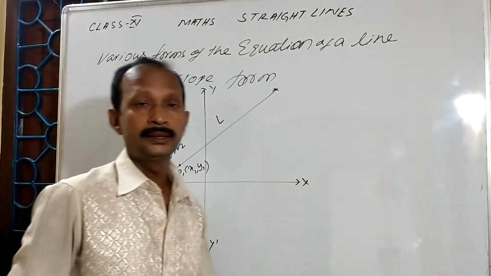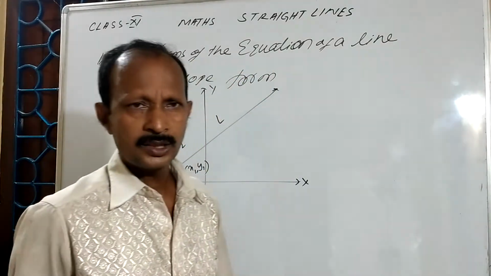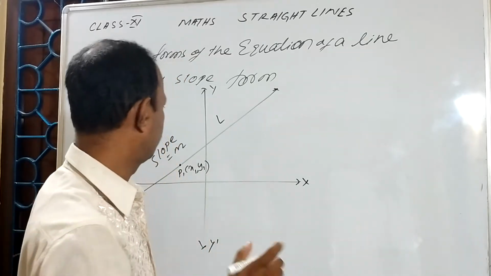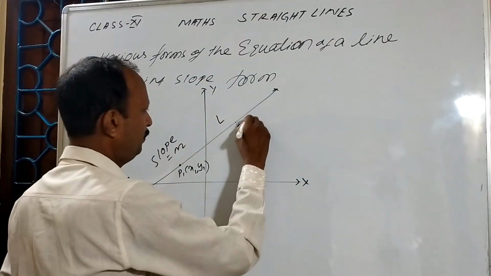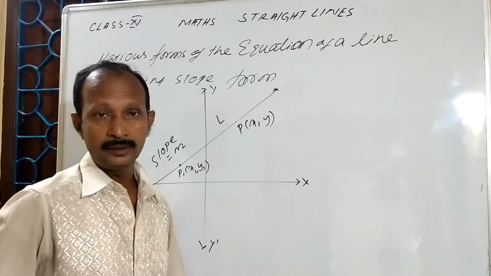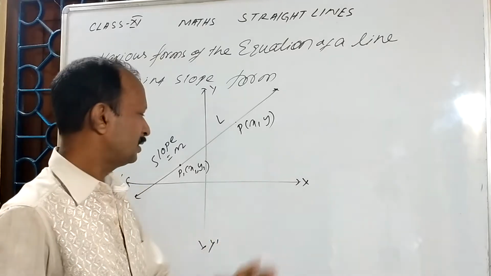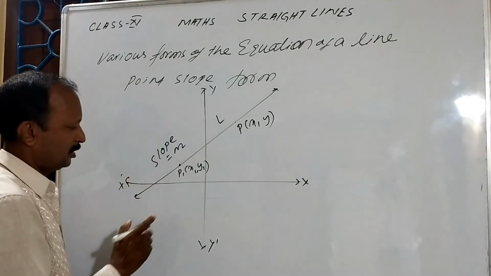How to find the equation of the line? Like the previous, you take one variable point. Let P be the variable point x, y. Then how to find the equation of the line? I said that the slope is given.